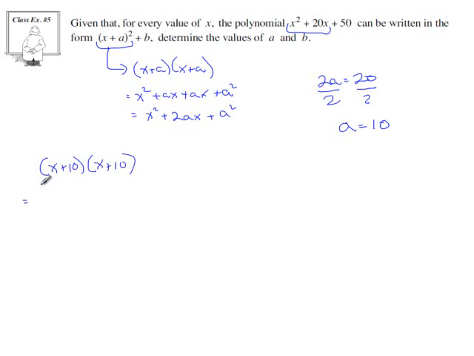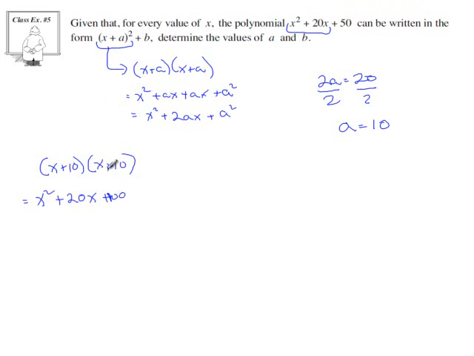When you multiply that out, you get x squared. X times 10 is 10x. 10 times x is 10x. So 10x plus 10x is 20x. 10 times 10 is 100. So just from this bit, I will end up with x squared plus 20x plus 100, which is encouraging because it's close to the original polynomial.